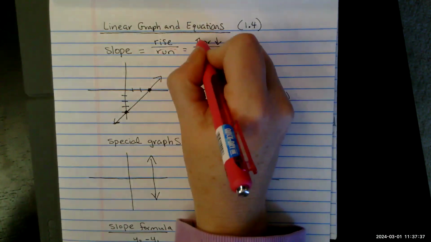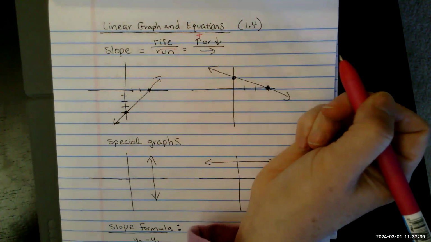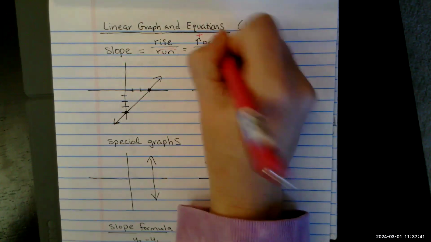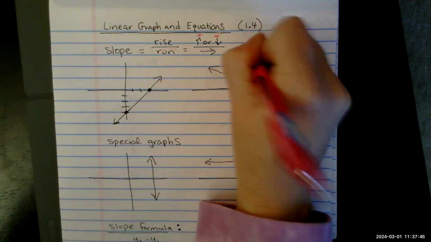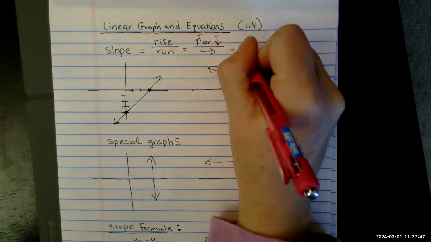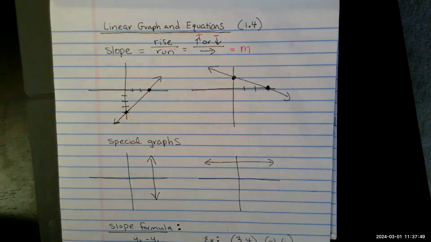So if it's going up, it will be a positive slope, and if it's going down, it will be a negative slope. And as far as the letter for slope, you will typically see M used for slope, and I'm not sure exactly how they got that, but that's slope.